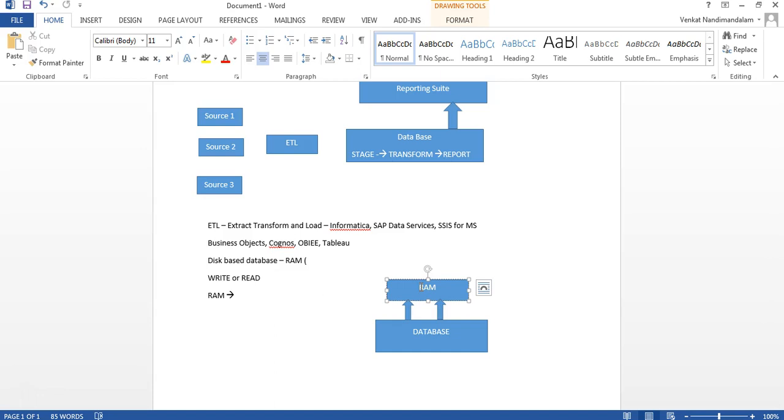The next question is, do we have a database which can store data in RAM itself instead of disk? Of course, now the answer is yes, which is SAP HANA. SAP HANA is a completely in-memory database. In-memory in the sense of RAM. Whatever size we are talking about, HANA is a completely in-memory database.